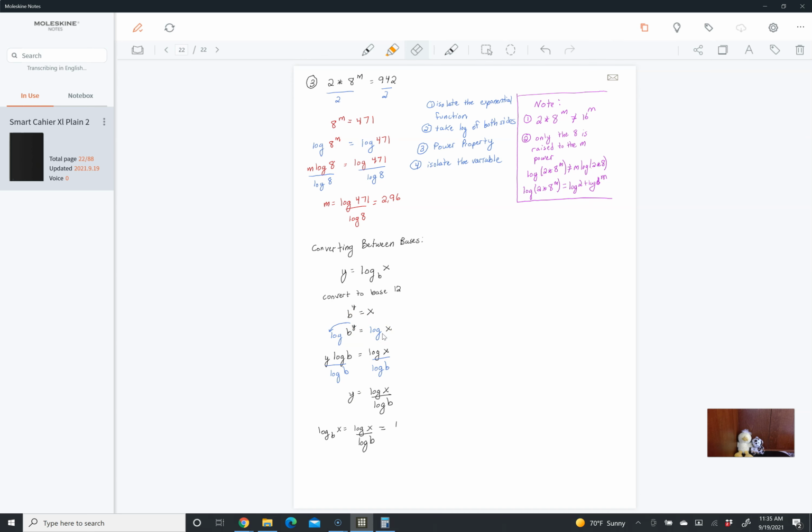And everything would be the same, except at the end, we would have ln x over ln b. Or we could take any base. Could be base 12, it could be base 25, it doesn't matter. Let me make that a little bit clearer.